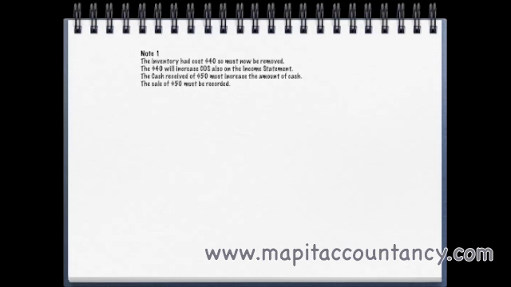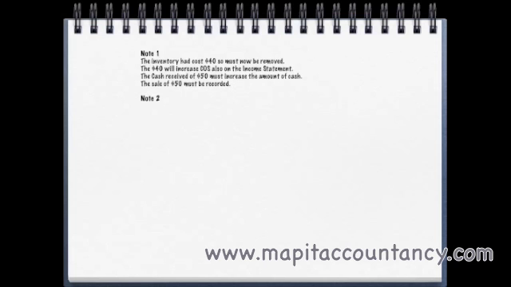So for note 1, all of that will happen because we've sold goods that were purchased for $40. We need to reduce our inventory, increase our cost of sales, increase our cash, and show that sale of $50 on our income statement. So you can see how a lot of these areas are interlinked.